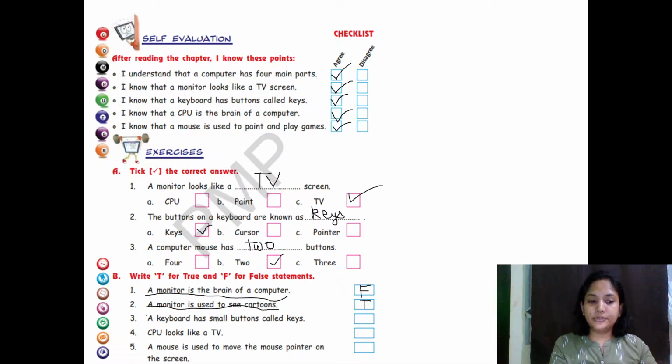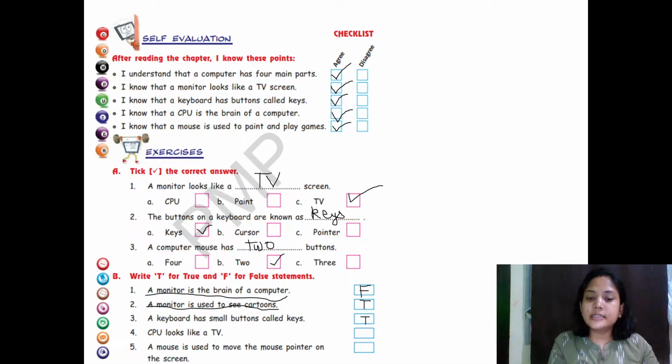Now, number 3. See the third question. A keyboard has small buttons called keys. Does it? Yes. So the buttons on the keyboard are called keys. It is true. So I am going to write T here. Now, see here, CPU looks like a TV. No, we read monitor looks like a TV.